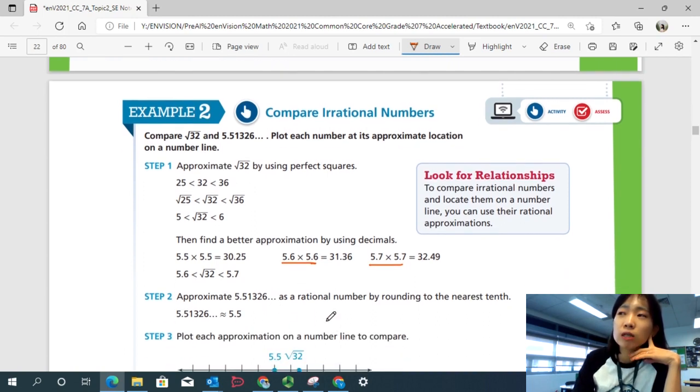And then you can approximate the next number, 5.51326..., which is a rational number, by rounding to the nearest tenth. Because we have approximated our square root 32 to the tenths, we're going to approximate the decimal here to the tenths.